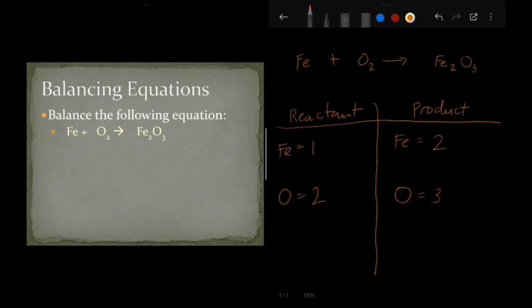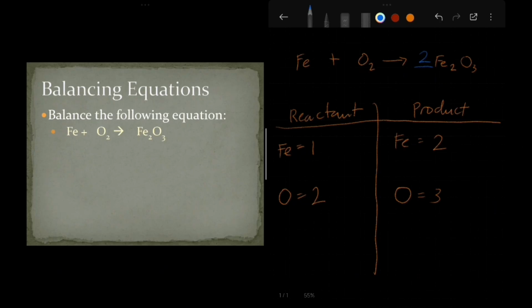So as you can see here, they're not totally balanced. On the reactant side, we have iron 1, oxygen 2, and then in the product side, iron is 2 and oxygen is 3. So what we can do here again is a matter of trial and error. For example, I can focus here on the product. So I can write here 2.